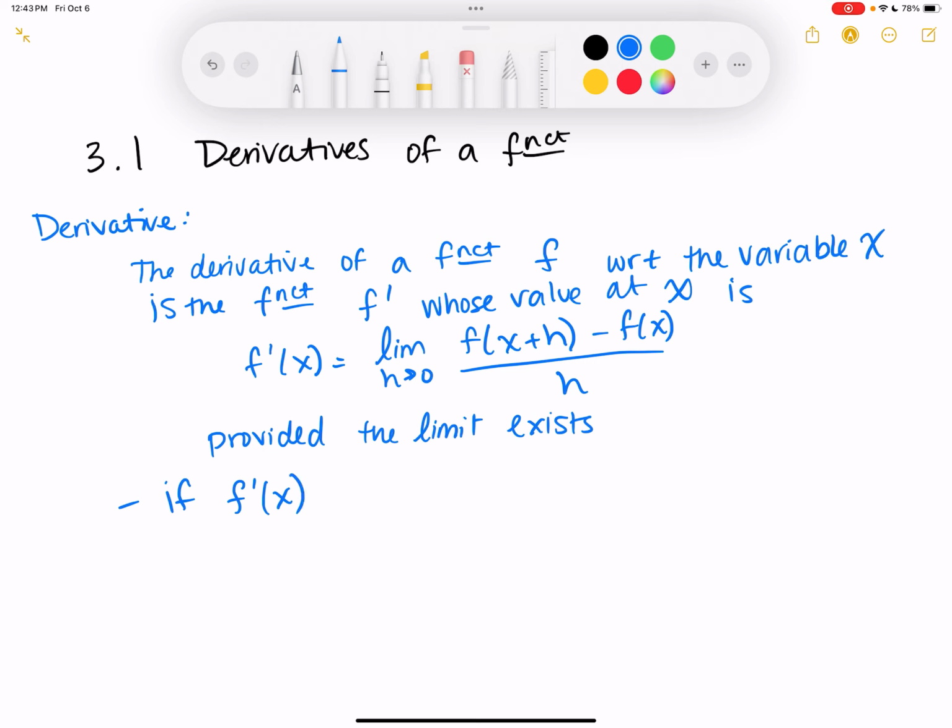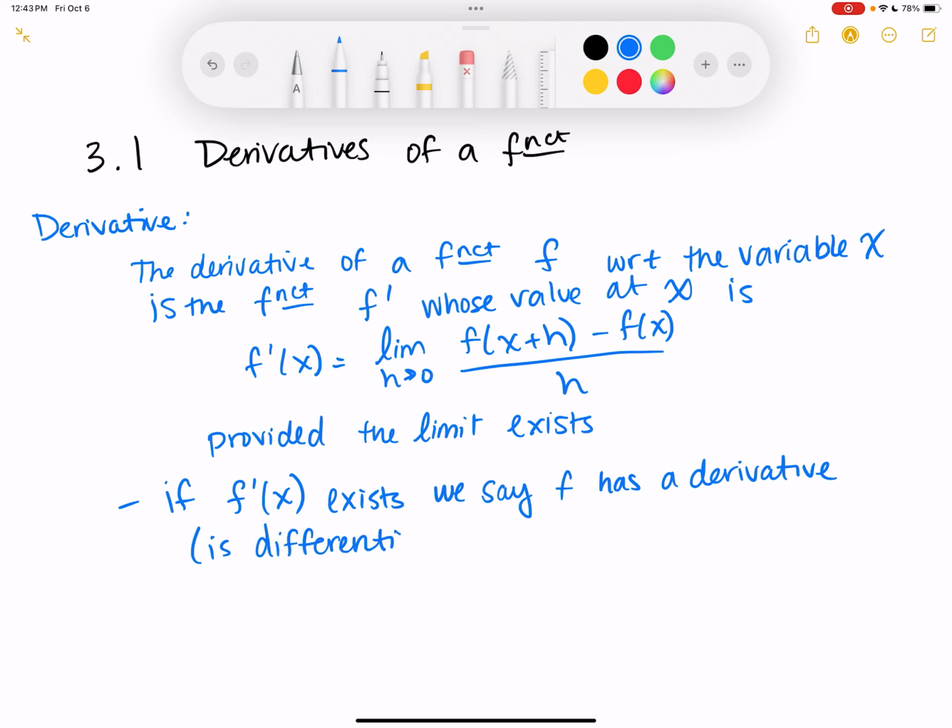If f prime of x exists, we say f has a derivative, or we would say f is differentiable at x.